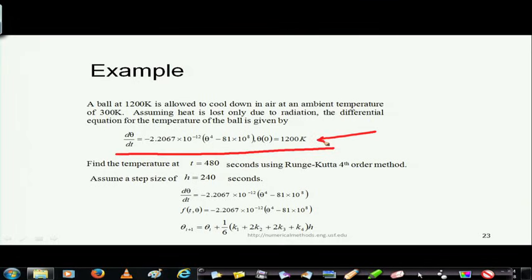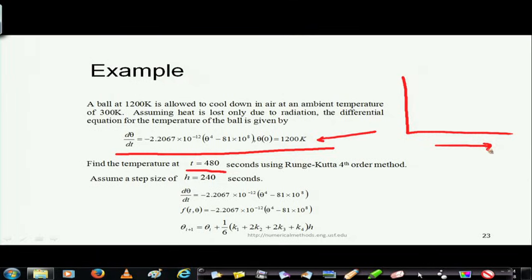Find the temperature at t equals 480. So, now if I assume a step size of 240, I want to find out the temperature at 480.